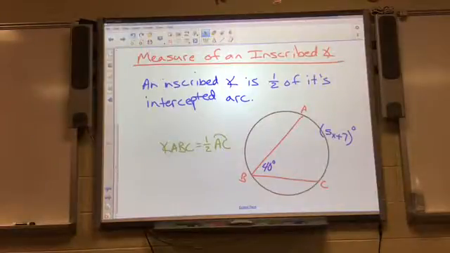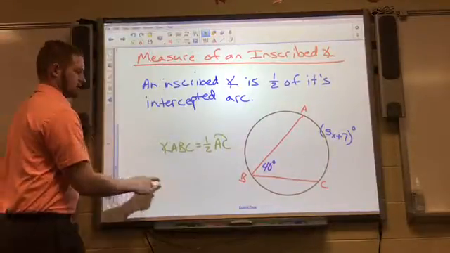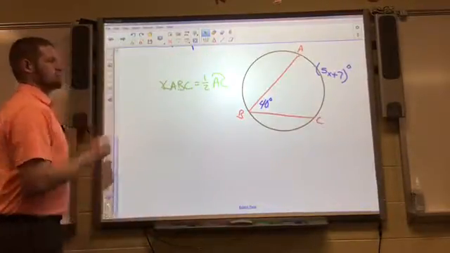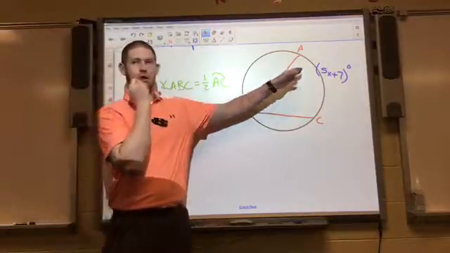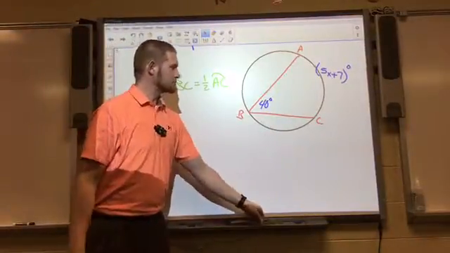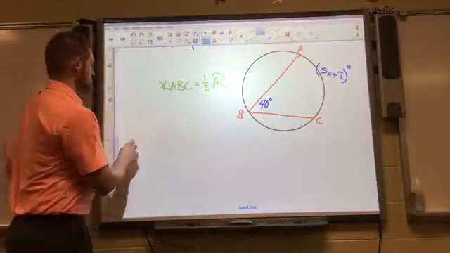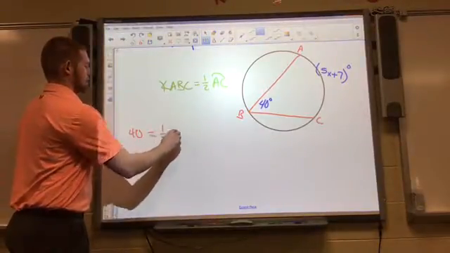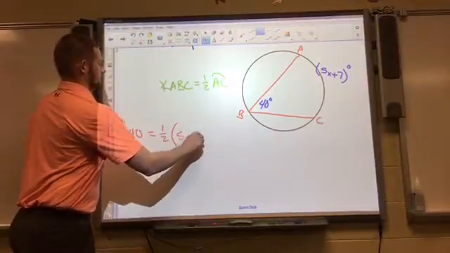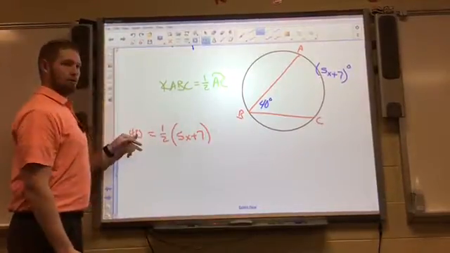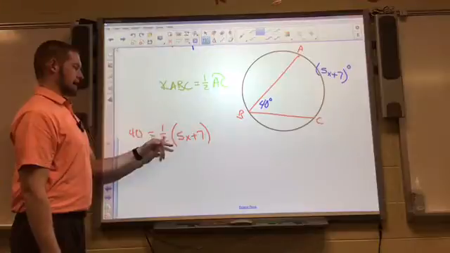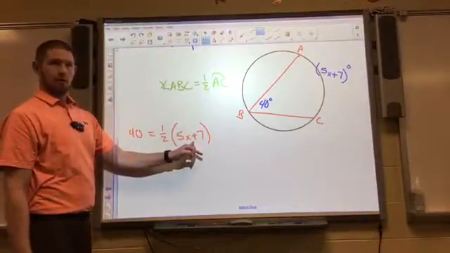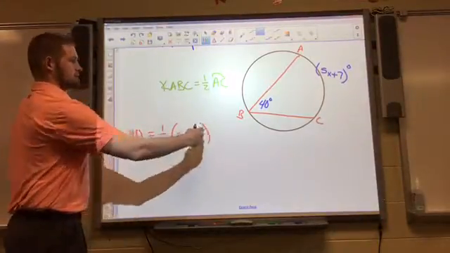So Carly, what equation would I set up here to solve it if my angle and my arc were these? Good. 40 equals 1/2 (5x plus 7). Because the angle is half the arc, right? So do it just like you would say it.